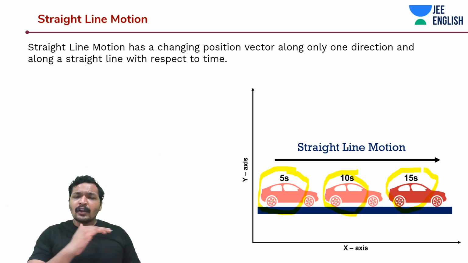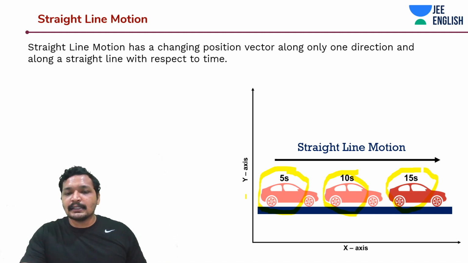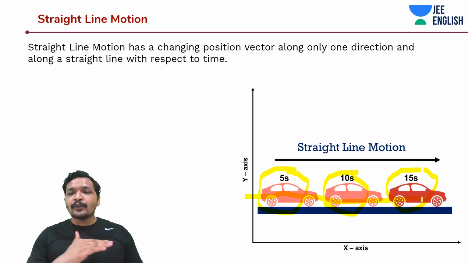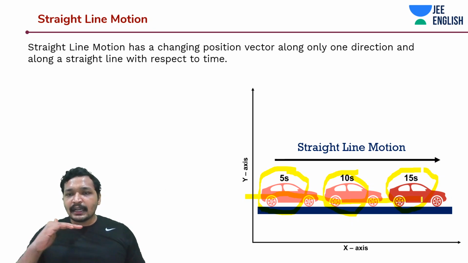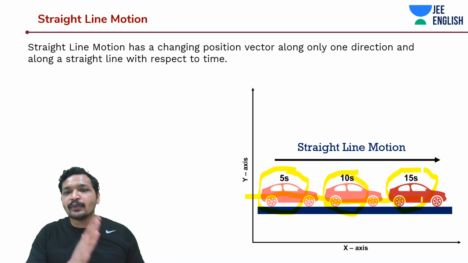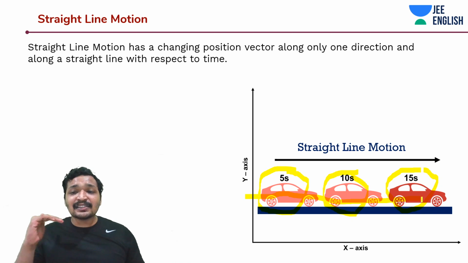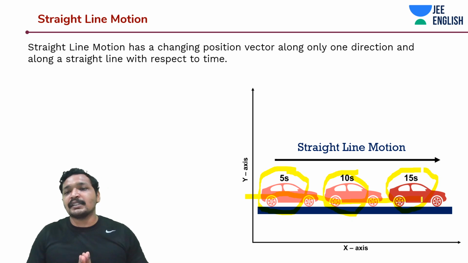It has been moving along x-axis, but what about y-axis? It is constant along y-axis. So this is a straight line motion, isn't it? It has a direction, but this direction is only along one axis. You can define it using only one of the axes, and it's a straight line motion, which means it satisfies this y is equal to mx equation.